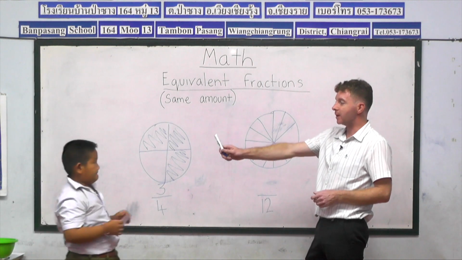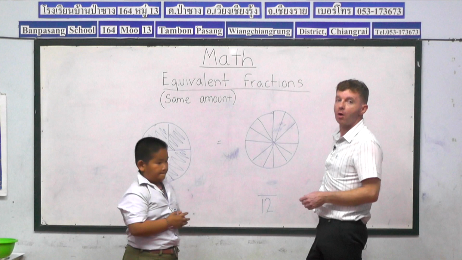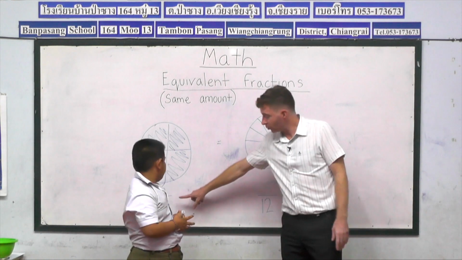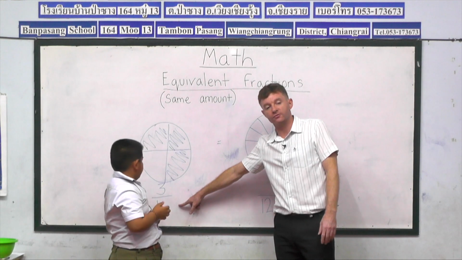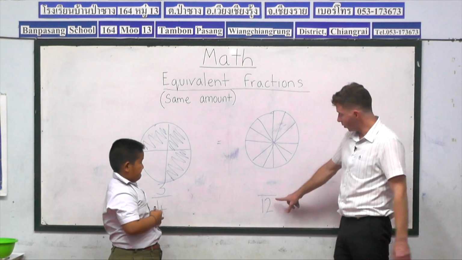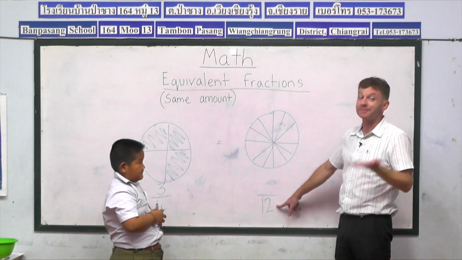Net will now demonstrate how to do the equivalent fraction of this denominator. So we're here, we've got 4/4. But we've got 3 in blue. So who can work out? 6. Keep going. 7. Keep going. 8.